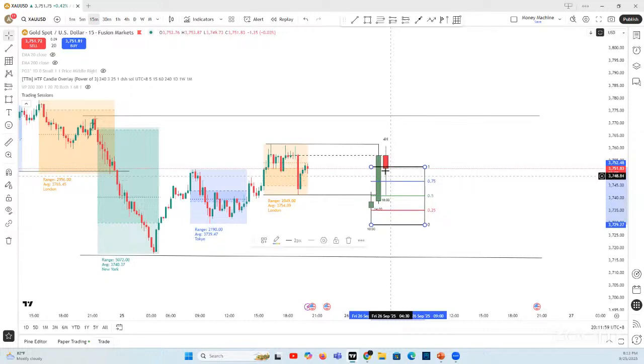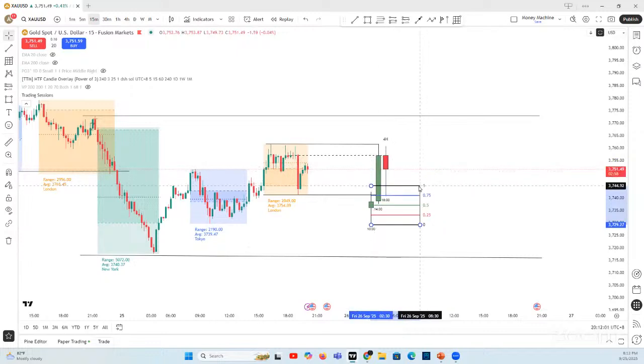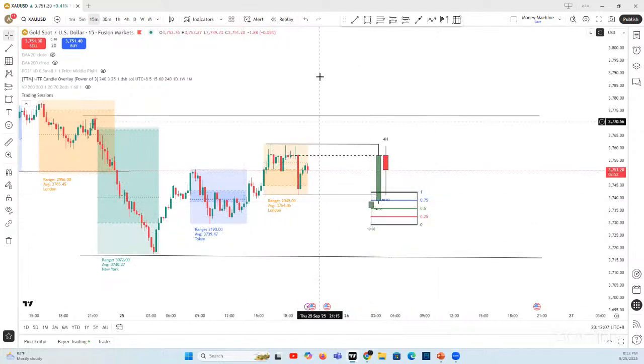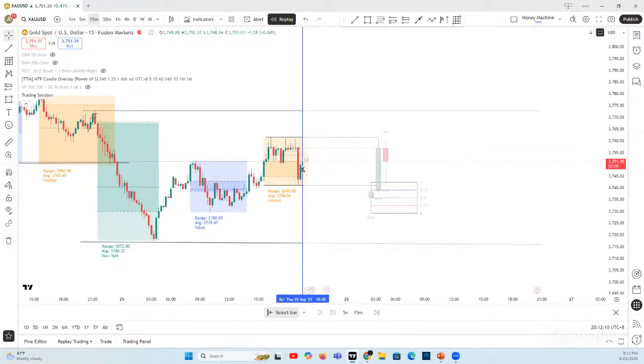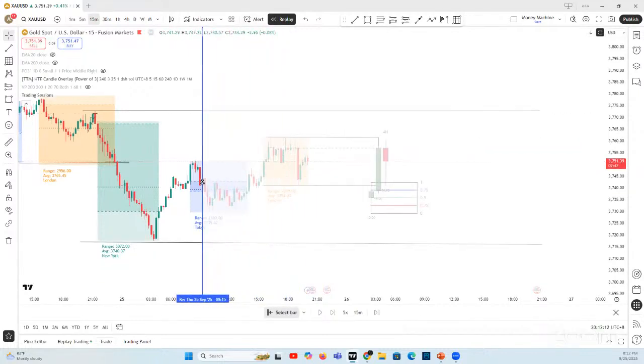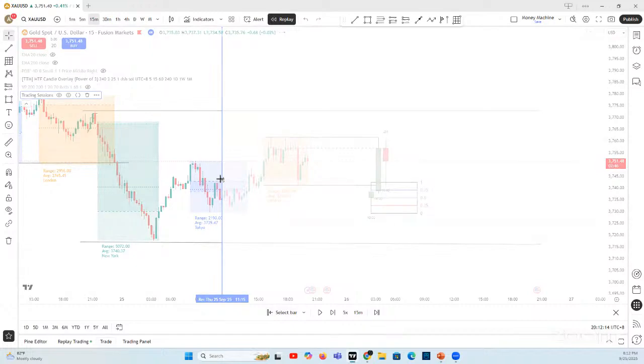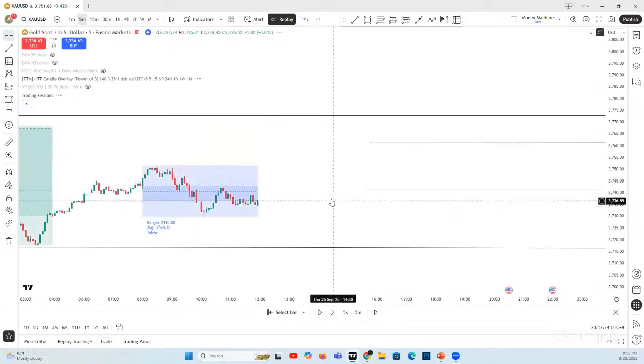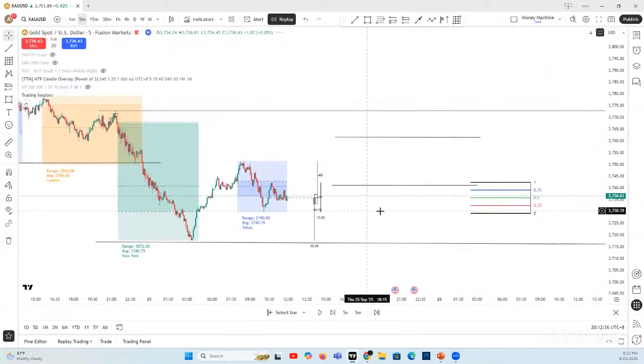Okay, you will put the gun box like this in this 4 hour candle, the 10 to 2 o'clock. This is the 10 to 2 o'clock candle. Okay, if we will replay this, my friends, we are at the 15 minutes. That is too fast.